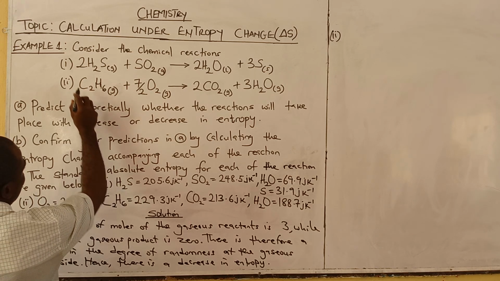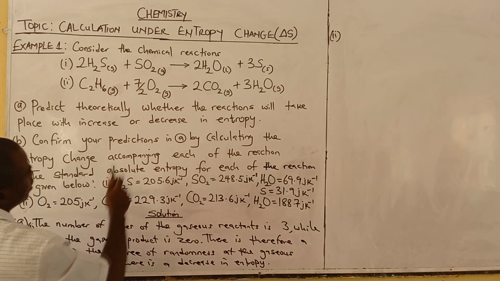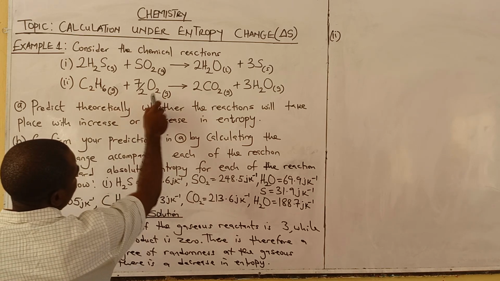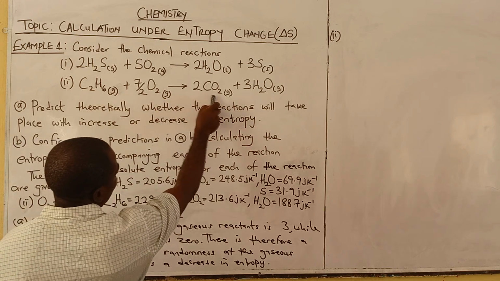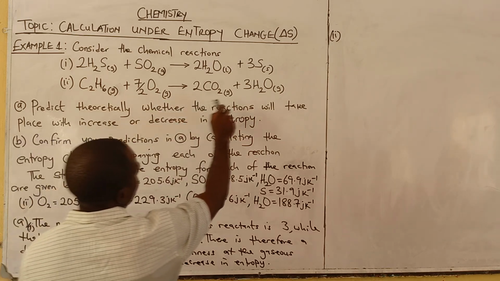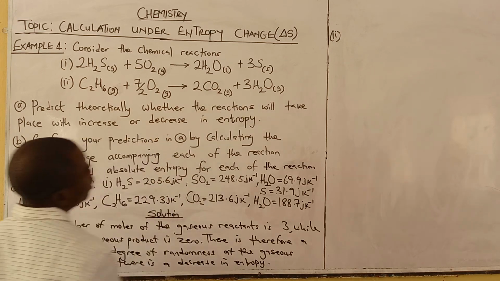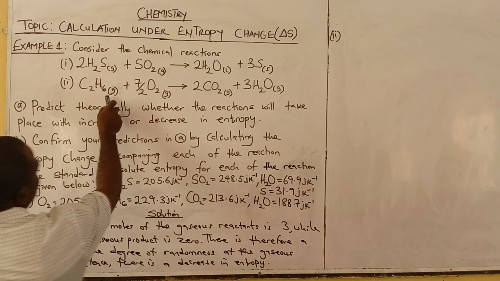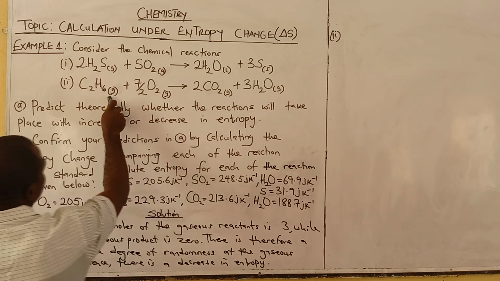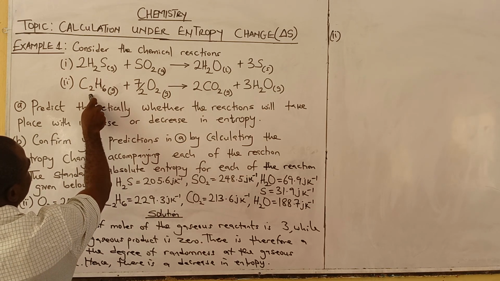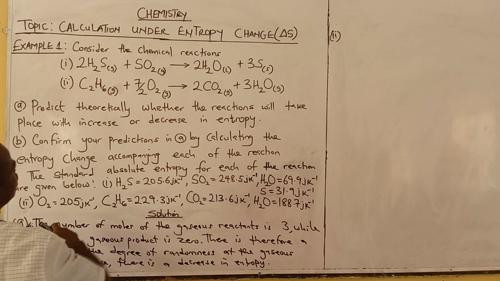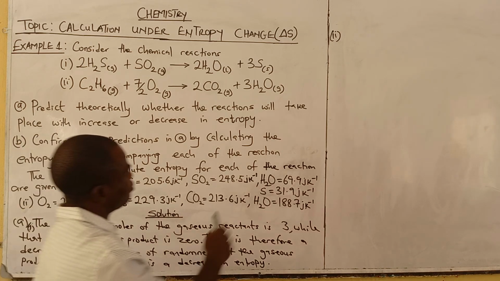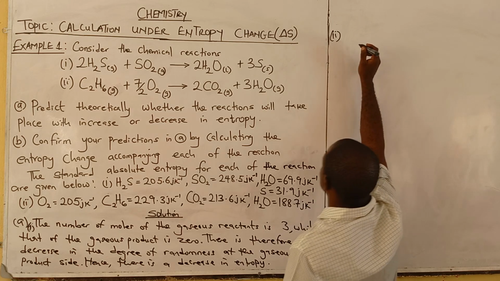We have 1 mole of ethane plus 7/2 of oxygen at the reactant side to give us 2 moles of carbon dioxide and 3 moles of water. Consider that they are all gases. At the reactant side, they are all gases. The ethane is a gas at this point. Now let's know the number of moles that we have at the reactant side.